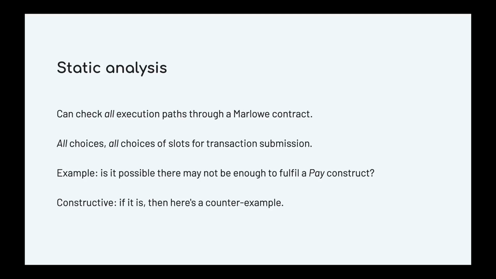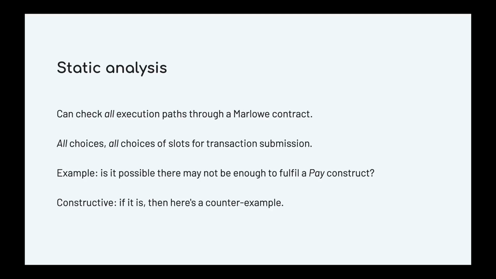And the canonical example here is the example of whether a pay construct might fail. Is it possible a pay construct could fail? And the answer is that we use what's called an SMT solver. It's an automatic logic tool, a powerful logic tool called Z3. It's the one we use, others are available.